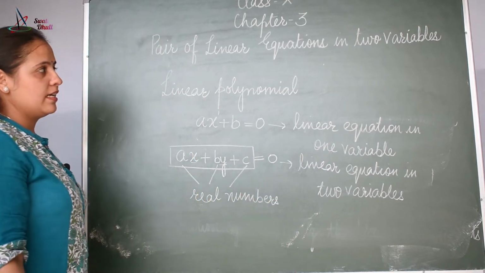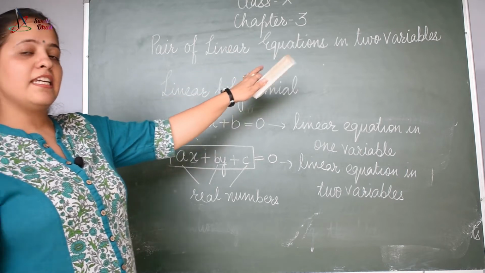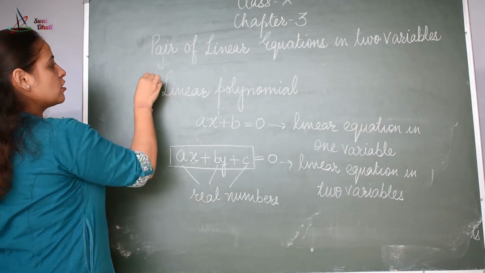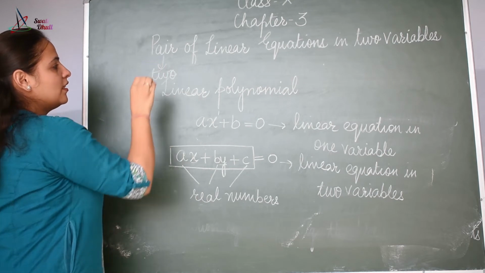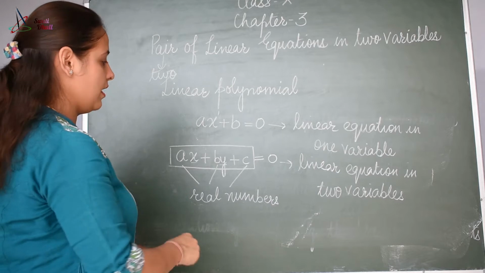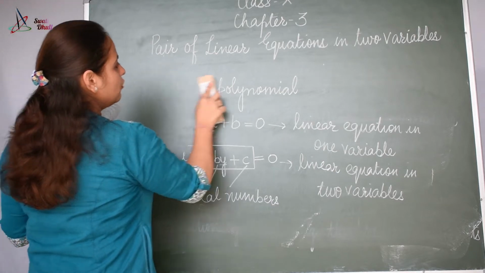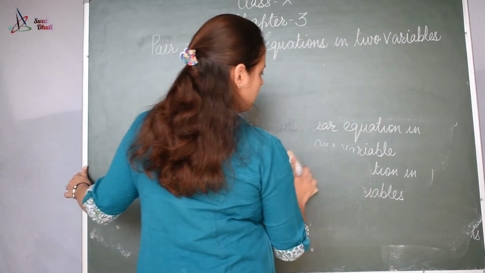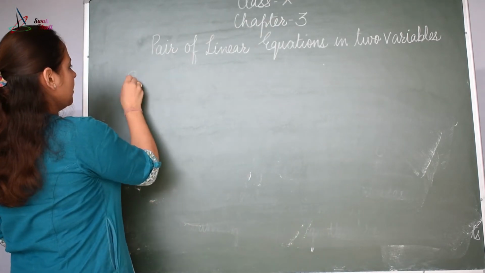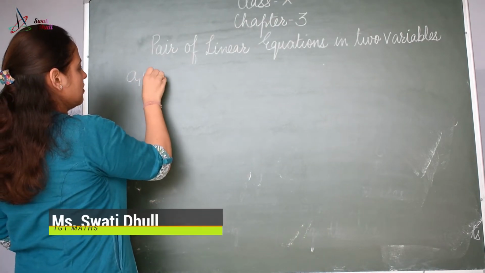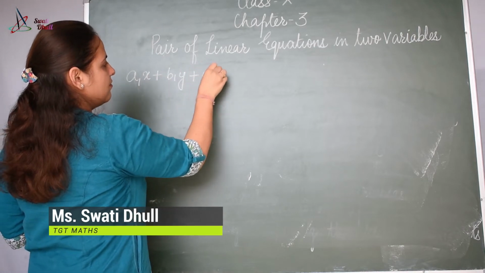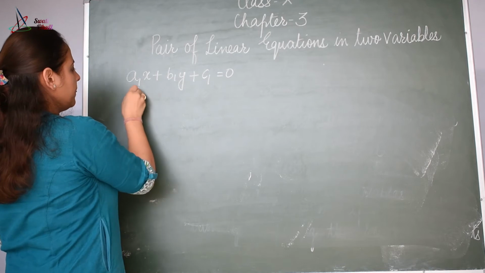Now the chapter is the pair of linear equations in two variables. Pair, it means two. So there will be two linear equations in two variables. So let those two linear equations be a1x plus b1y plus c1 is equal to 0.